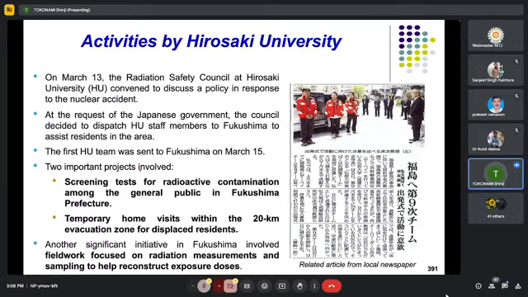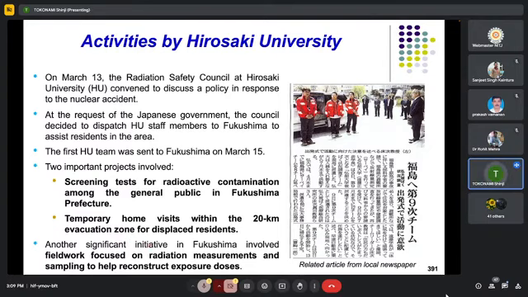Two important projects were involved, namely screening tests for radioactive contamination among the general public in Fukushima Prefecture, and temporary home visits within the 20 kilometer evacuation zone for displaced residents.